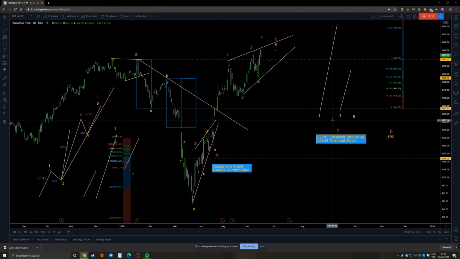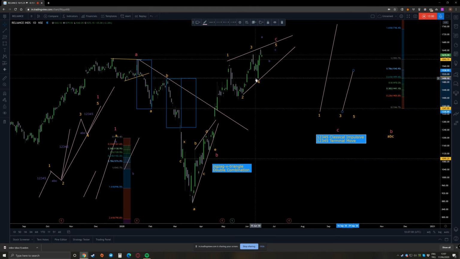So what do you do? Well, in our case, 1 is the largest one. And actually, in a terminal move, the most common one to be the largest is the first wave. For example, in a classical move, the most common one is the third wave. And after this, you have a third wave. Now, third wave, just like the classical impulse move, cannot be the shortest.